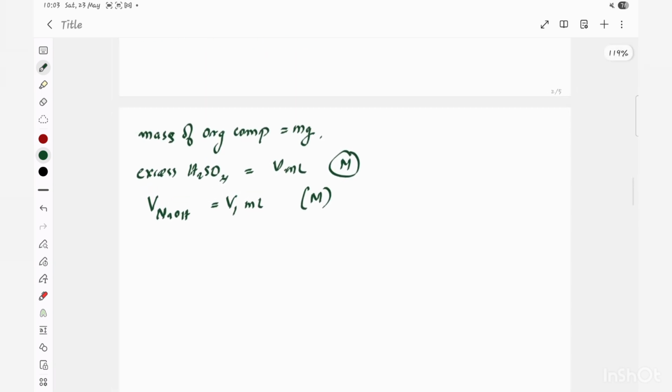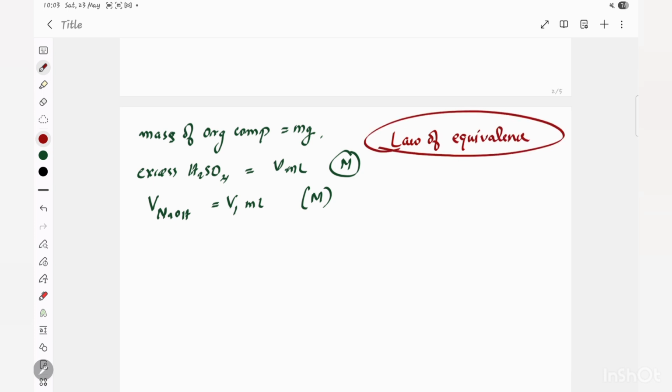Now see here, we are only using the law of equivalence. According to the law of equivalence, N equivalent of A reacted is equal to N equivalent of B. If a reaction A plus B gives C is happening, N equivalent of A is equal to N equivalent of B is equal to N equivalent of C. Right?